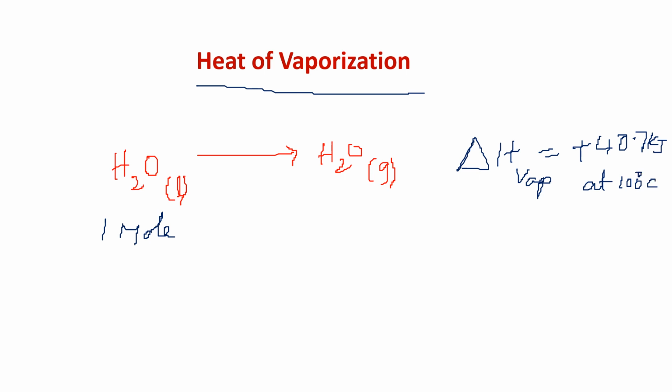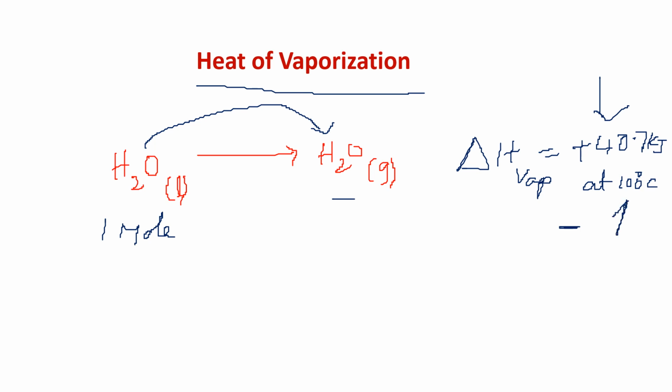This is known as heat of vaporization. Once again, the amount of heat required to vaporize 1 mole of liquid into 1 mole of gas is known as heat of vaporization. So here the heat of vaporization of water at normal boiling point.